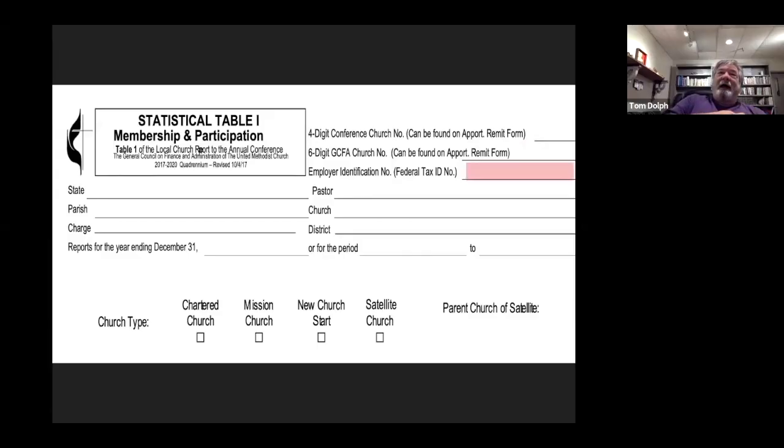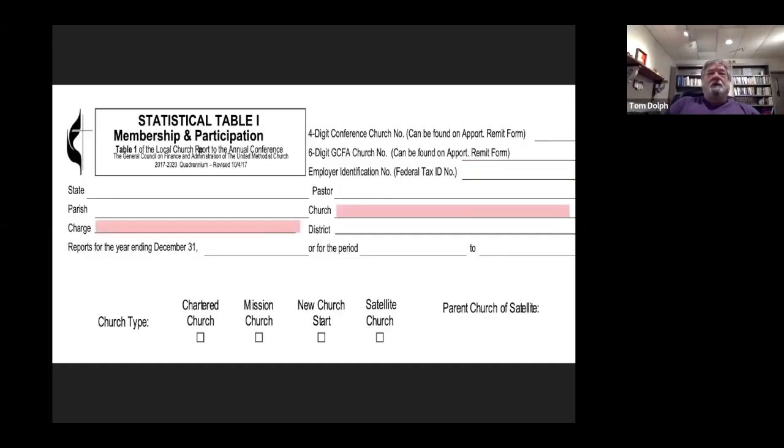Every church should have one, so you can't use the conference's EIN number. If you are on a charge, there should be an EIN number for each individual church. If you don't have one, you'll need to deal with the IRS in getting one, and I or your district office or Sandy in the conference office may be able to point you in the right direction.